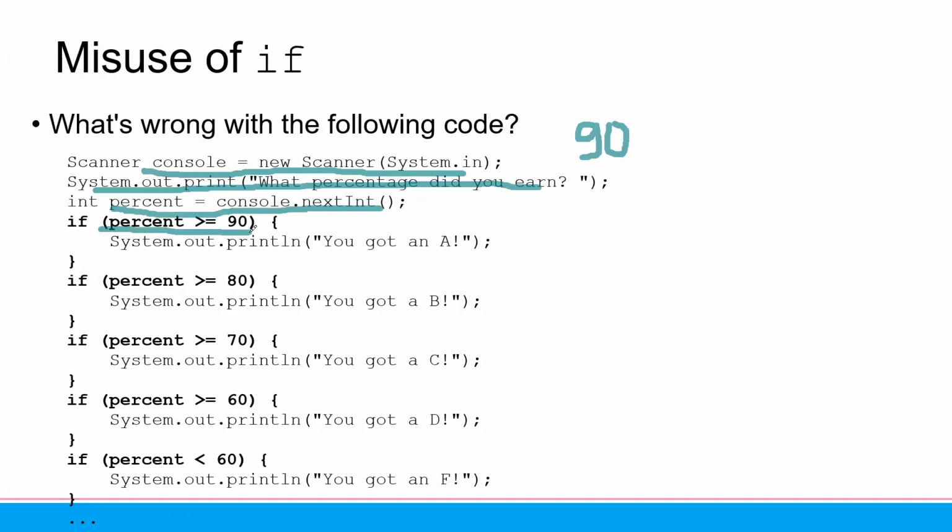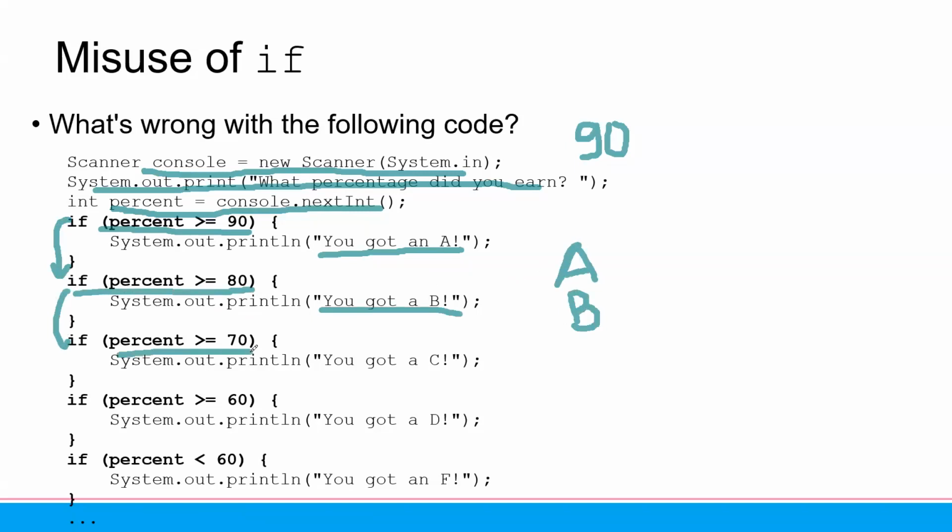Percent greater than or equal to 90? Yes. Then it will print you got an A. It is a sequence, so you will go to the next statement. If the percent is greater than or equal to 80, what will be the result? You got a B. So you already got A, and then you get the statement B, and then you will go to the next.